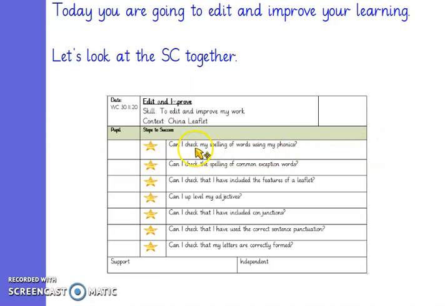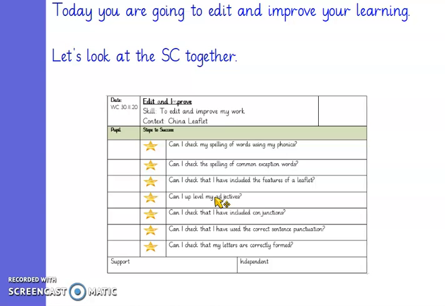So I'm going to be looking at spellings and seeing if I've used my phonics and if I've used all the common exception words that I know and spelt them correctly. I'm going to be checking that I've included the features of a leaflet. I'm going to be checking my adjectives to make sure that they are levelled up. This means that I might be using a thesaurus or just using my brain to think of interesting words that I could have used instead of words like big or nice or good.